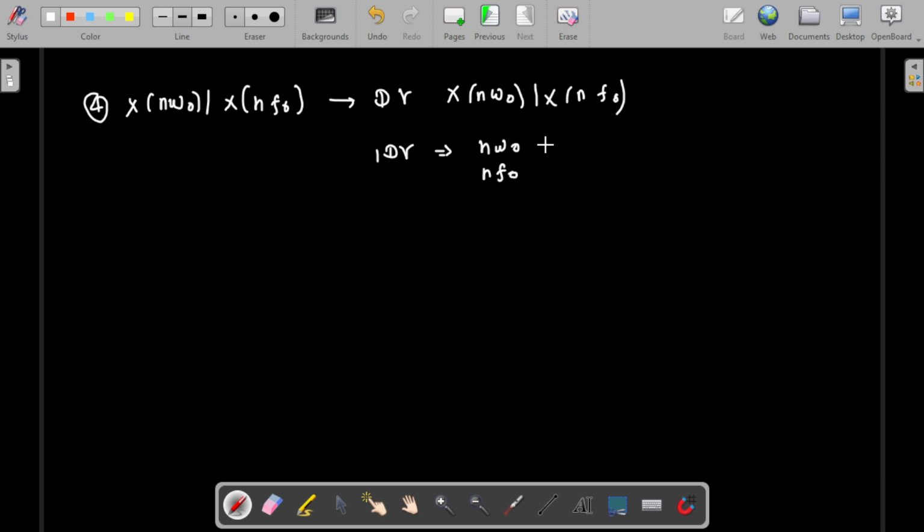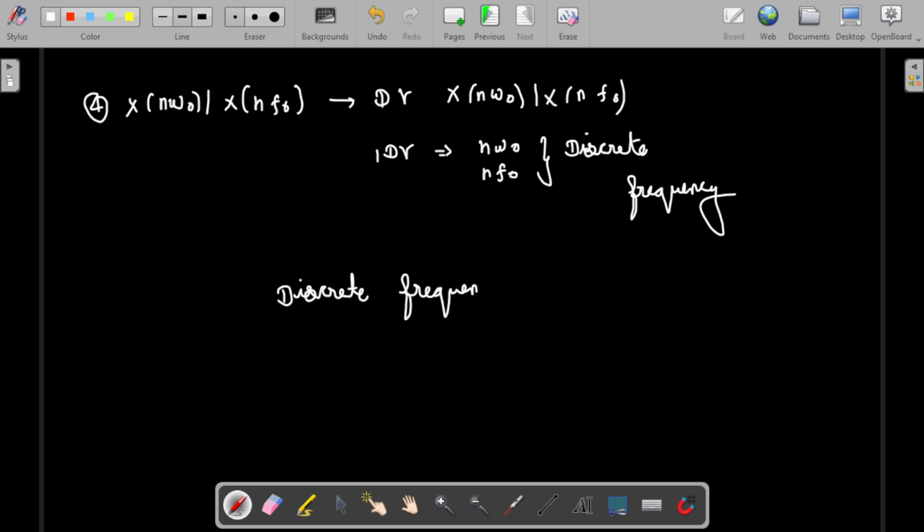The same thing. Both will be called a discrete frequency. Okay, so this can be called a discrete frequency domain signal.